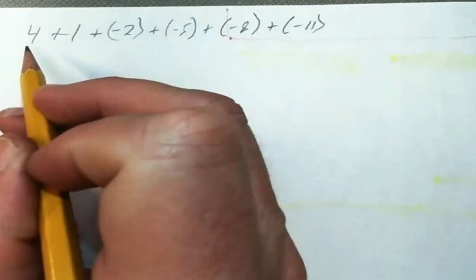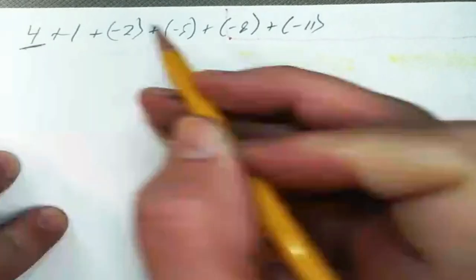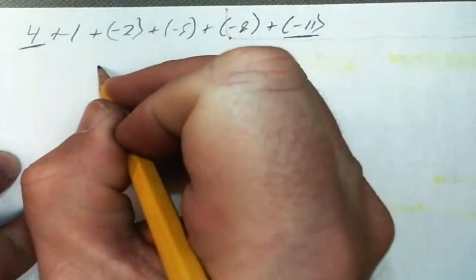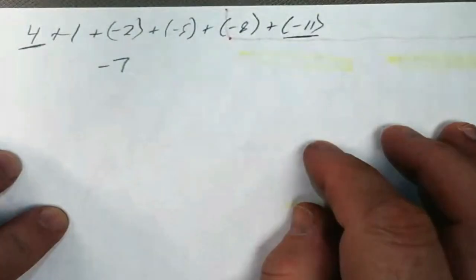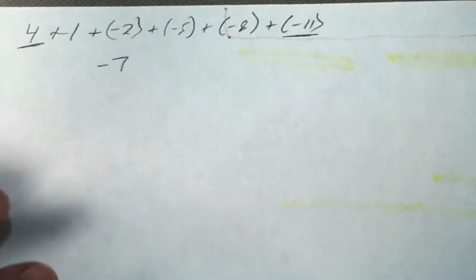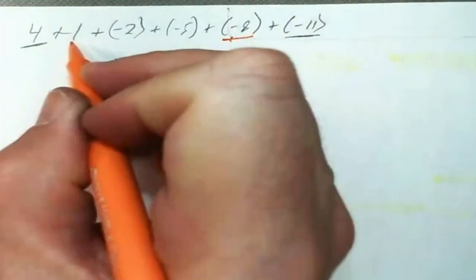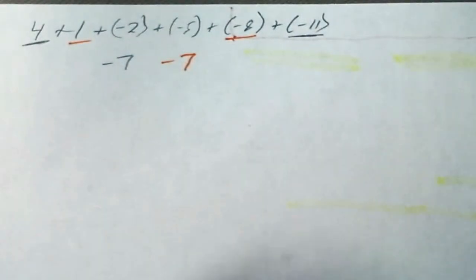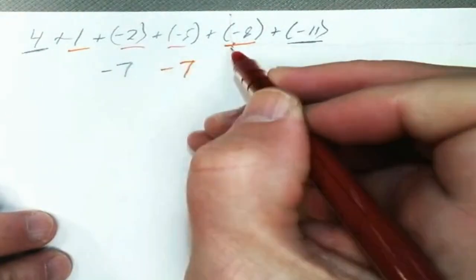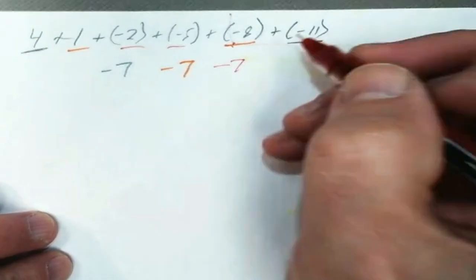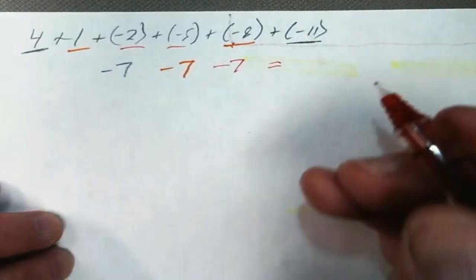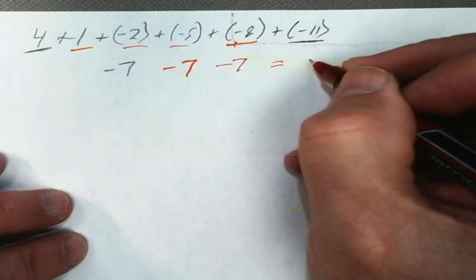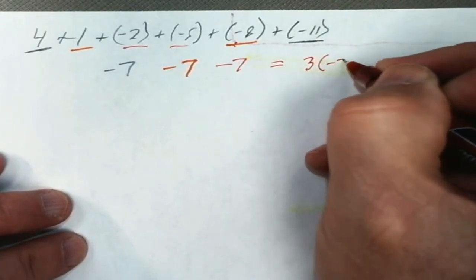And they took these 2 terms here and added them together to be -7. And then they took these 2 terms here and added those together to be -7. And then they took the middle terms here and added those together to be -7. So altogether, we've got 3 times -7.